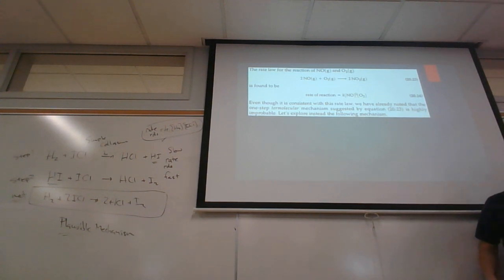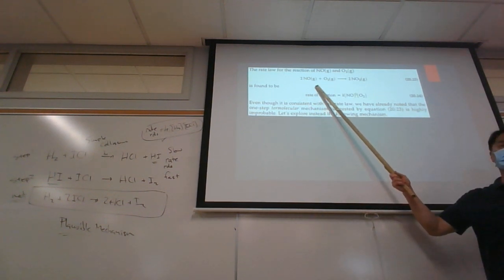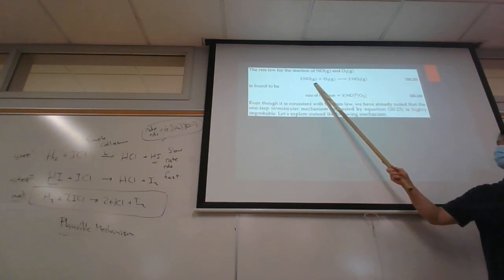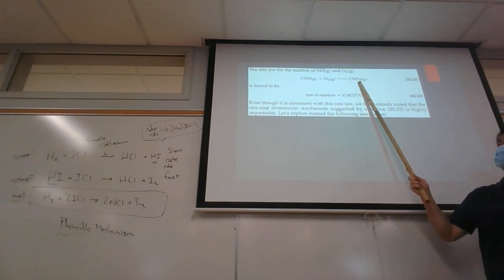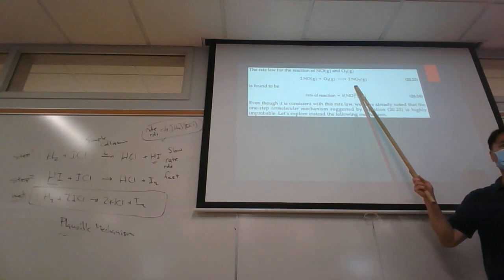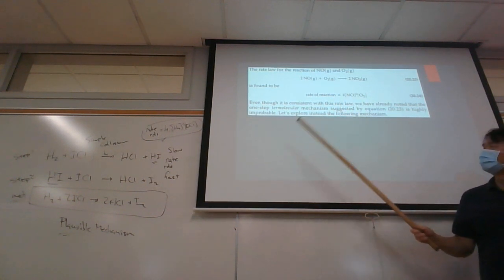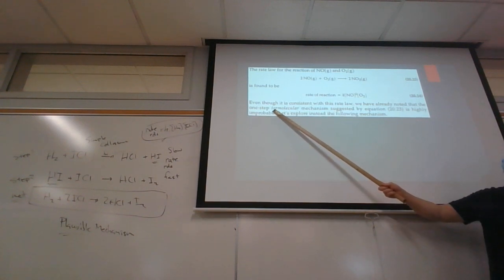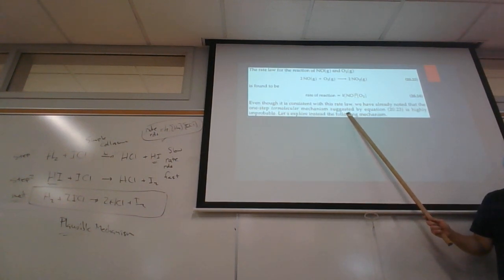However, from experiment, the rate of this is fast. This happens very quickly. That is, whenever NO, which is a colorless gas, is formed, it's automatically converted in air into NO2, which is a brown-orange gas. Based on the speed of this reaction, it's likely not a one-step termolecular collision.